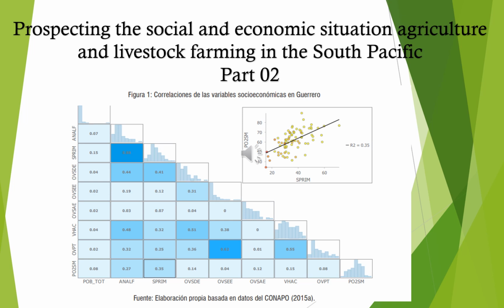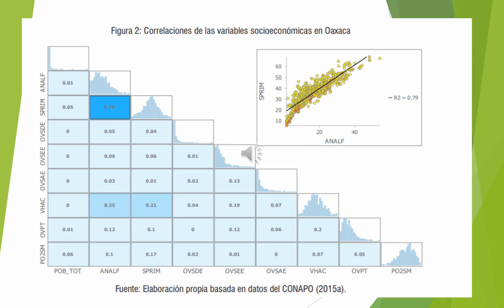The same is true for the percentage of occupants in dwellings with dirt floors and the percentage of occupants in dwellings without electricity. Figure 2 shows that in Oaxaca there is a strong correlation between the variables of percentage of illiterate population 15 years of age or older and percentage of population 15 years of age or older without completed primary education, 0.79, whose variability is explained.